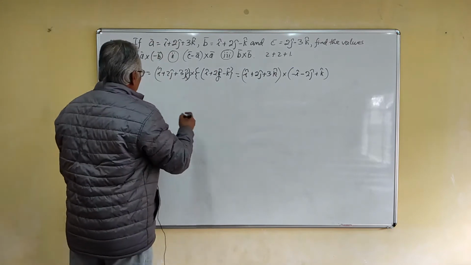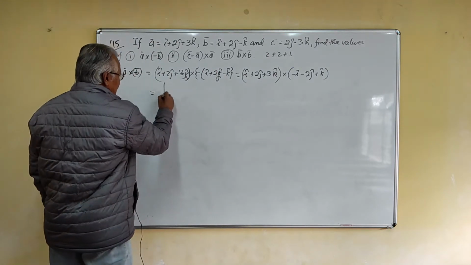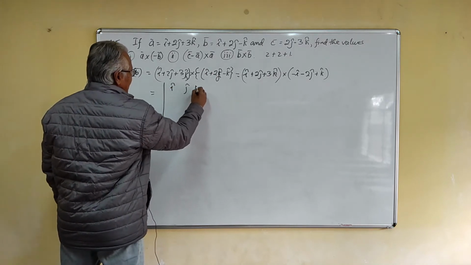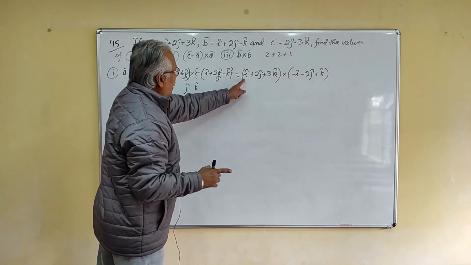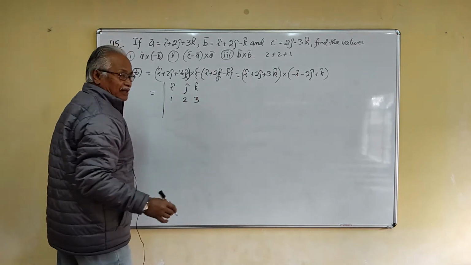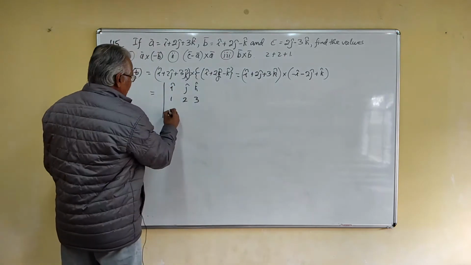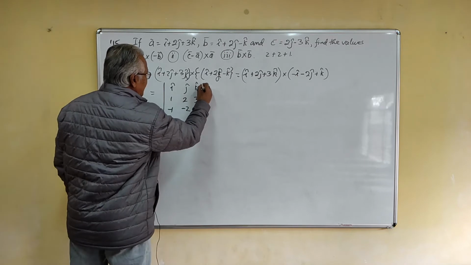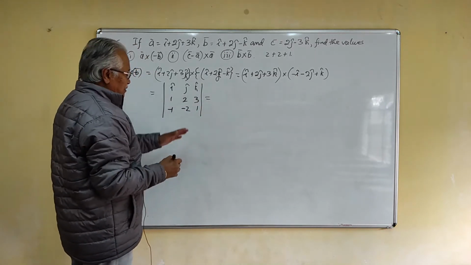Right? Okay, now you try to apply the determinant method. On the top will be i, j, k as usual. In the second row, 1, 2, 3. They are the coefficients of i, j, k. And in the third row, you have got minus 1, minus 2, and 1. Right? Okay. Now break up the determinant.